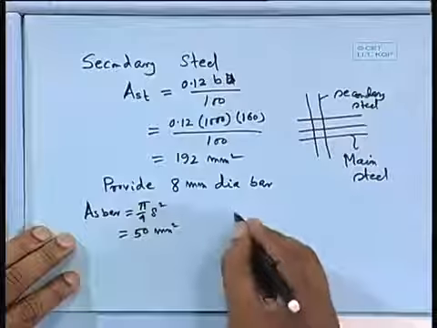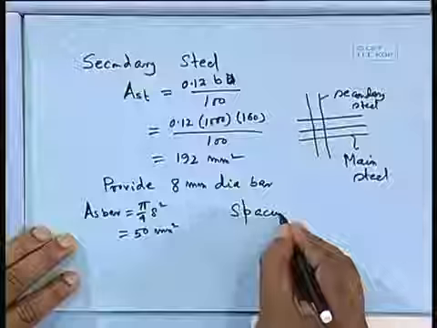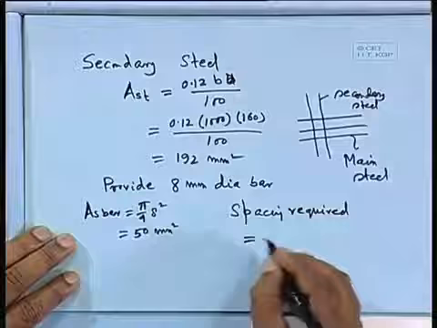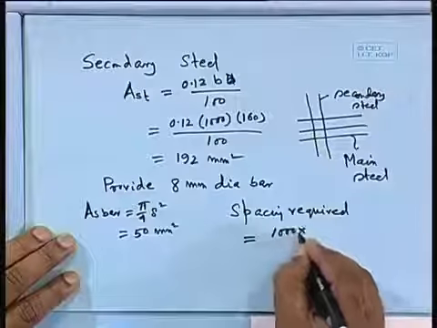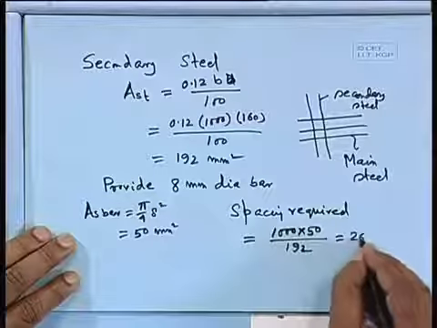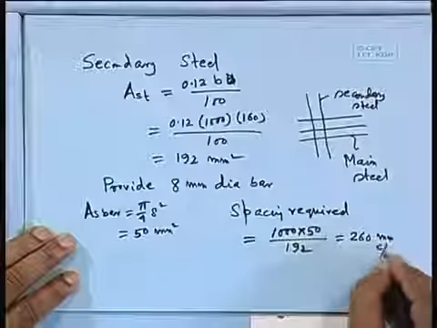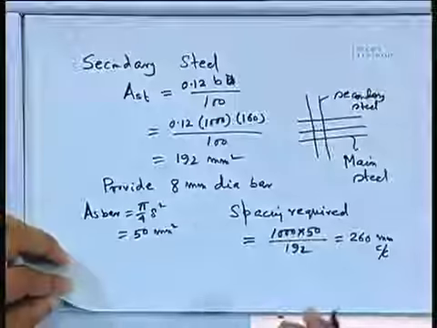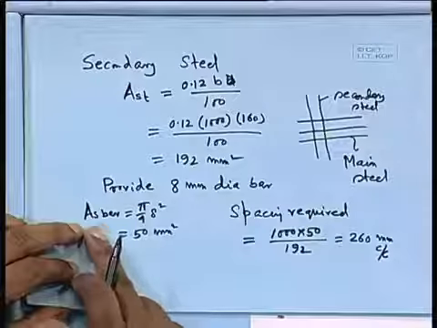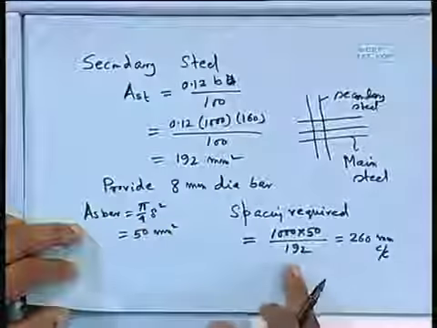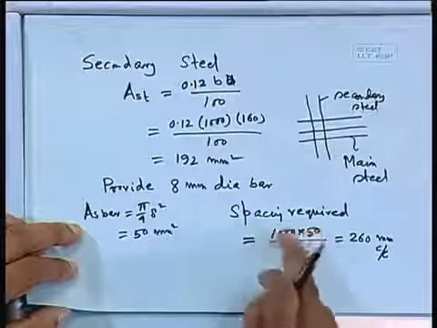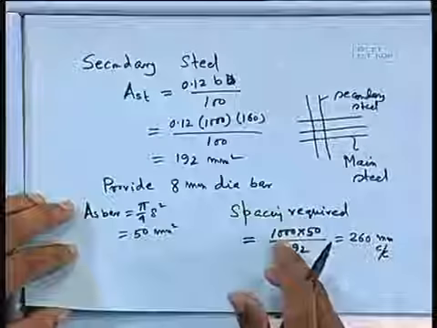So the spacing required is equal to 1000 times 50 divided by 192, equal to 260 millimeter center to center. So we get the area of steel of an individual bar, 50 square millimeter, and on that basis we can find the spacing required, because we are calculating everything per meter width, that is why we are taking this 1000.